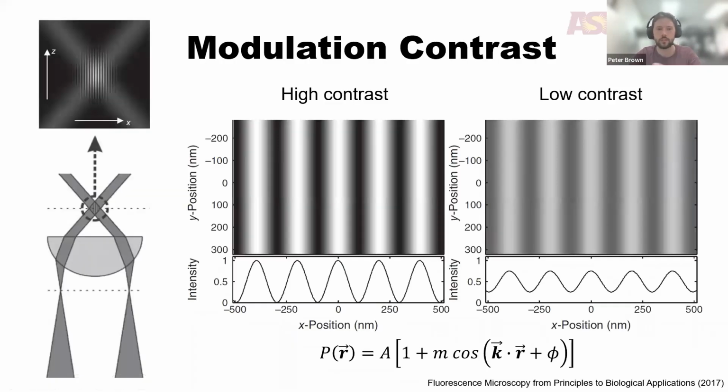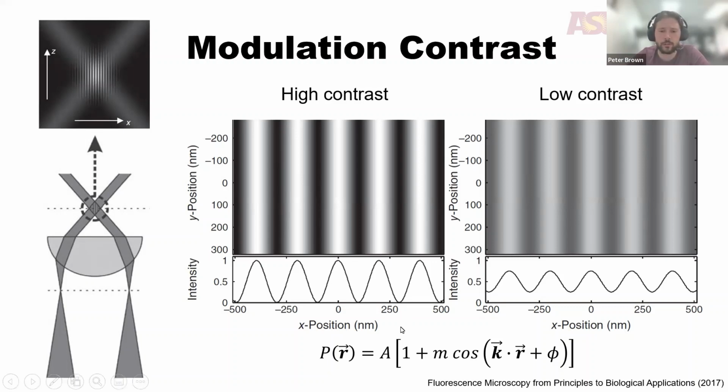Now that we've introduced the concept behind SIM, I'll discuss some of the requirements for generating high-quality SIM data and also for assessing the quality of SIM data that you've already generated. The most important quantity for determining if your SIM data will be high quality or not is the modulation contrast value.